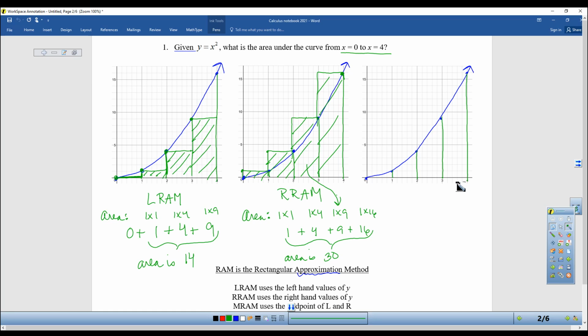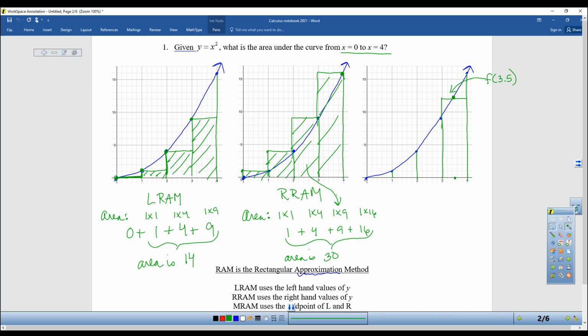So I'm actually going to go to 3.5, which is in between these two, and I'm going to go up to whatever the y value is at 3.5, so f of 3.5. And look what happens when I do that. I overestimate a little bit, but I also miss this part, and they kind of cancel each other out.